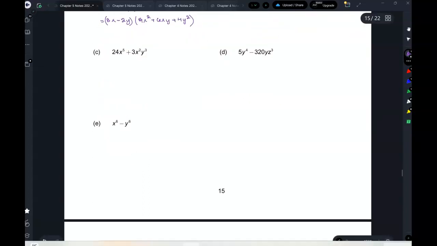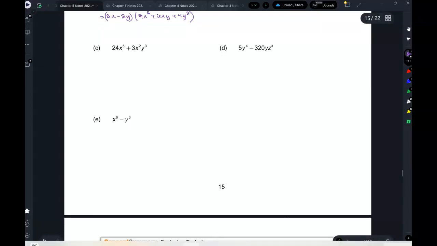All right, here we can first factor out a GCF. So what can we factor out? A 3x squared. So I get 8x cubed plus y cubed. So this is equal to 3x squared. Okay, so the cube root of the first one, 2x plus y.